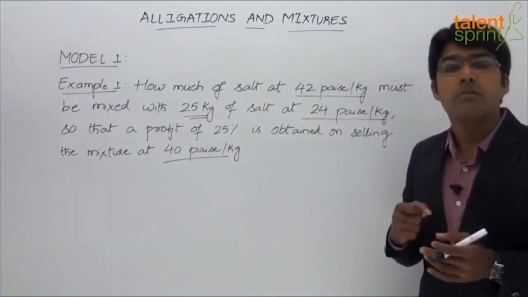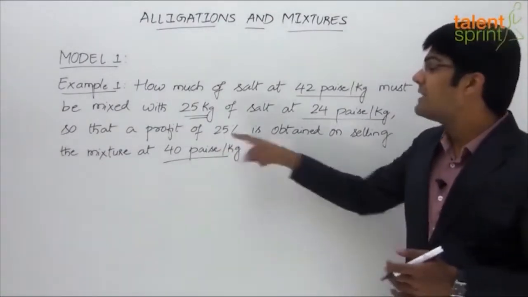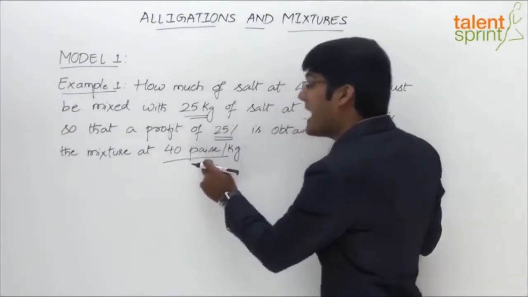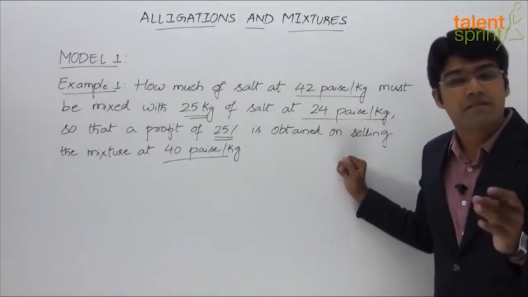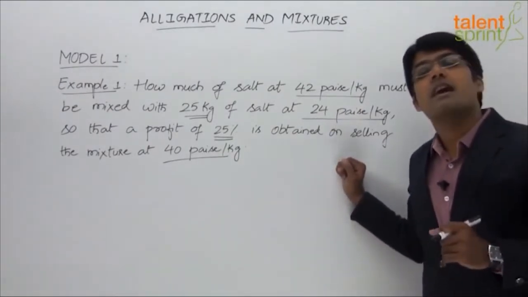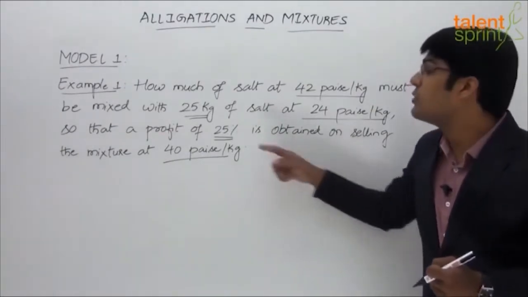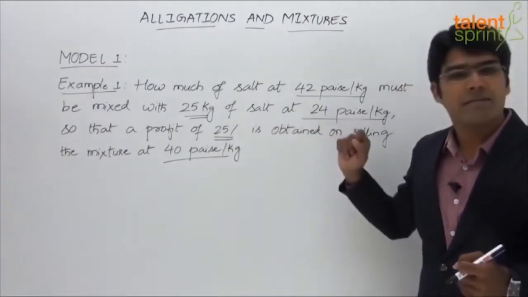So we'll first find out the cost price of the mixture from the given selling price and the profit. So here we know that the profit is 25% and the selling price of the mixture is 40 paisa per kg. And as we have discussed in the introduction here, we may need some basics of percentages and profit and loss. So if you apply your basic knowledge of profit and loss, you will be able to find out the cost price from the given profit percentage and the selling price.